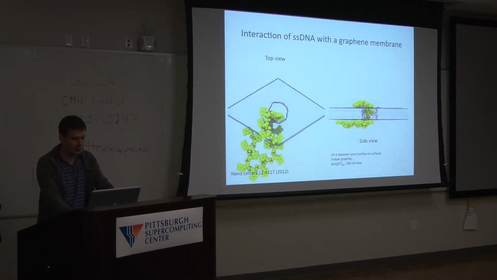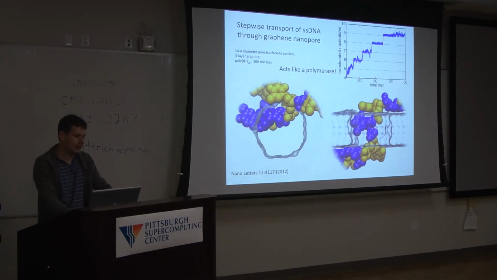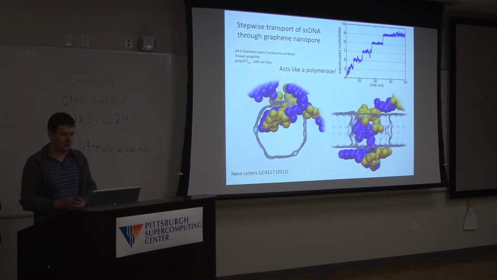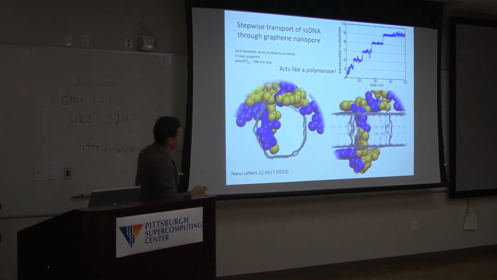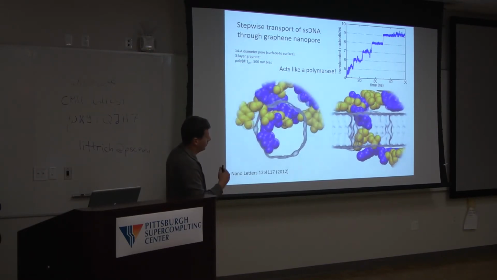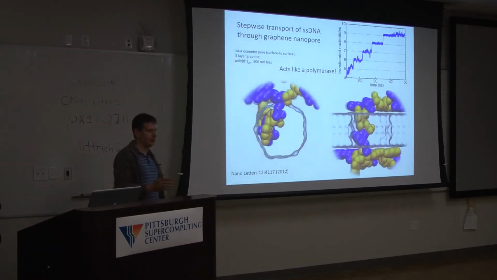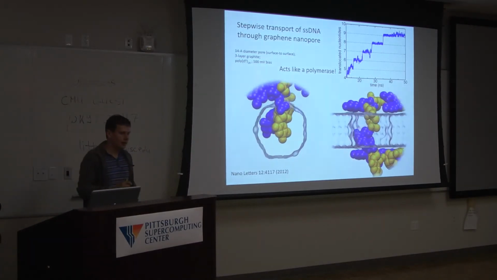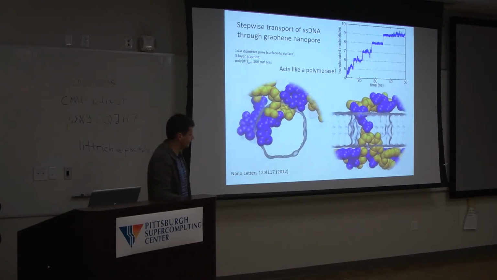The second observation was that the DNA actually moves through the pore in steps. So if you look closely at how it actually transports through the pore, you'll see that it changes in discrete steps. So here's the number of nucleotides permeated, and you see that it goes one after another, which is actually excellent for DNA sequencing because you want to have one nucleotide at a time in the pore, changing rapidly.